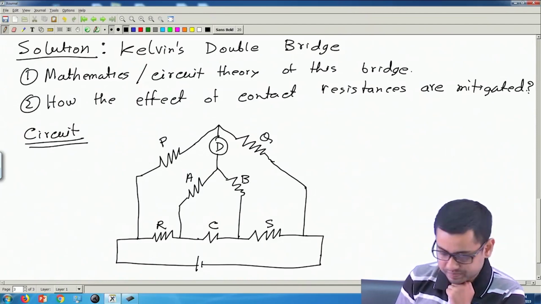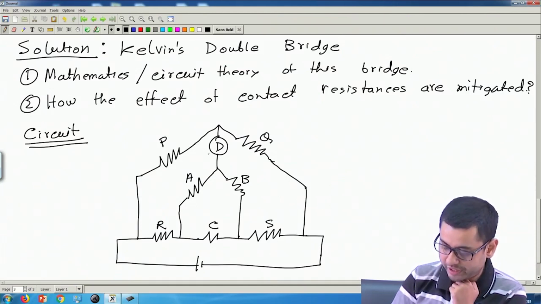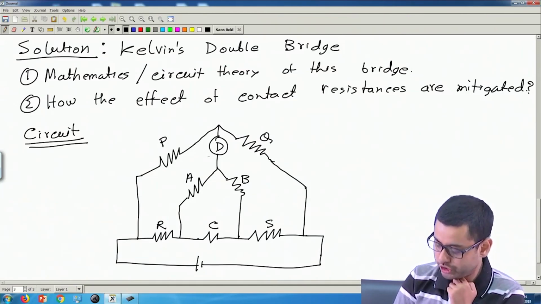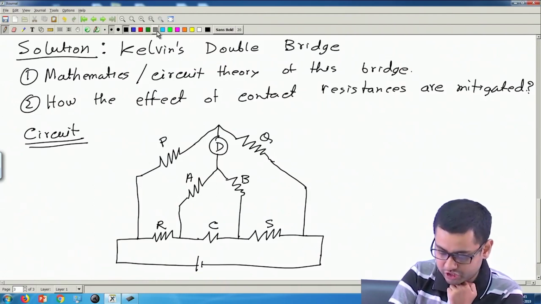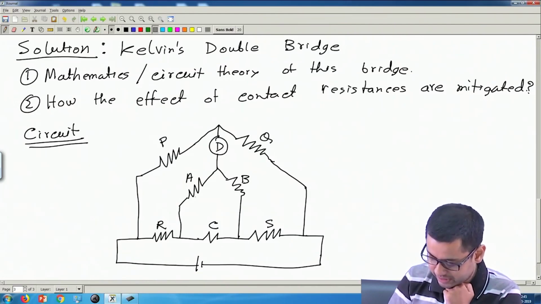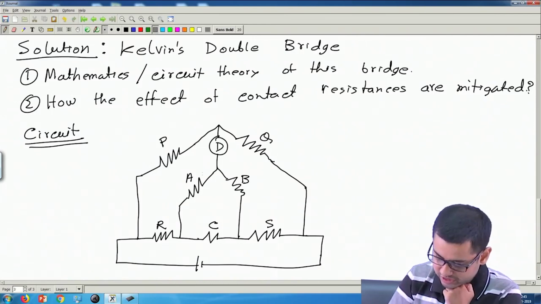Okay. Now, we need to find the balance or null condition of this bridge. Okay. What is the balance condition? When this detector will show 0 deflection. To find that, we will apply a star delta conversion in this region here.